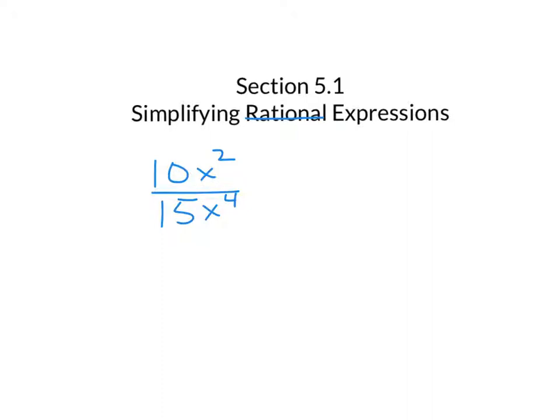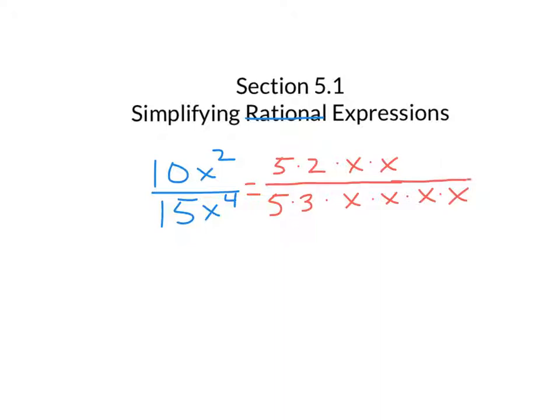So if I have 10x squared over 15x to the fourth, I could break these both up into their factors. 10 would be 5 times 2, and x squared would be times x times x. If I do the same thing with the denominator and break up the 15, I will get 5 times 3 times x times x times x times x.